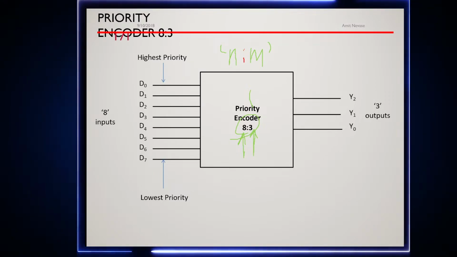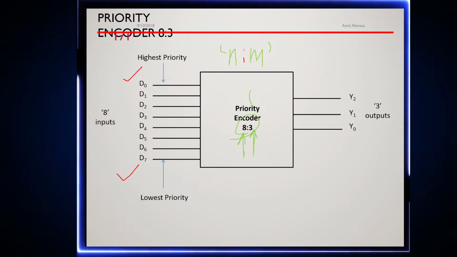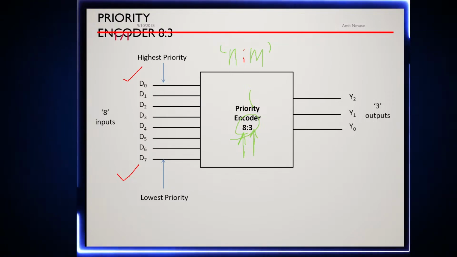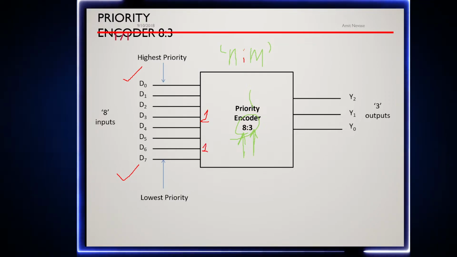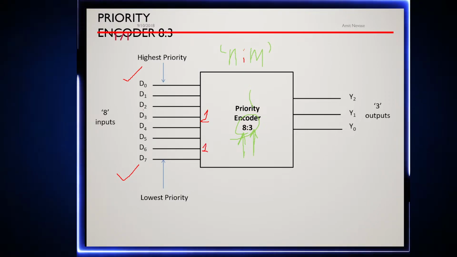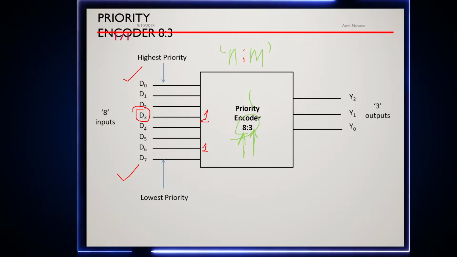Right. Okay. Now you can see over here D0 is having the highest priority and D7 will have the lowest priority. So if we consider D3 is 1 and D6 is 1 at the same time, then the priority will be given to D3 instead of D6. Right?